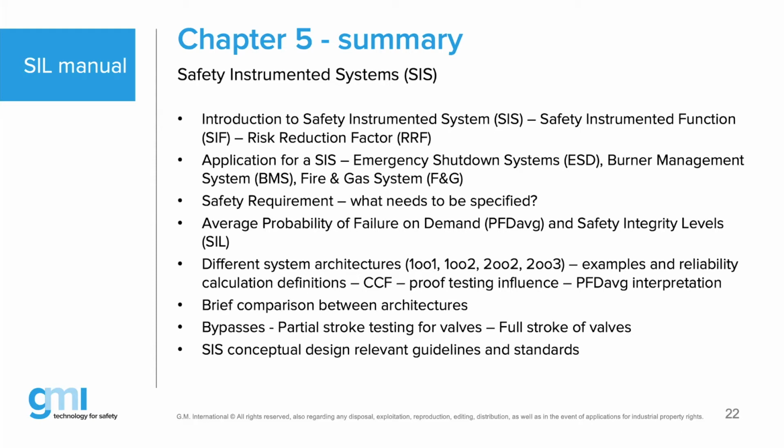That is more your chapter here, chapter 5. And here we will introduce the safety instrumented function. We will link that to a risk reduction factor. We will talk about the application for a SIS, meaning it could be an ESD, emergency shutdown, could be BMS, could be fire and gas, etc. Safety requirements.